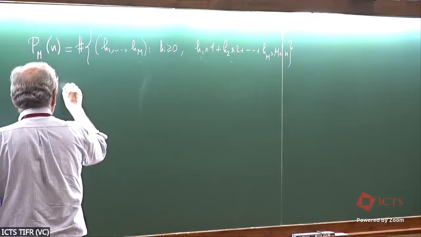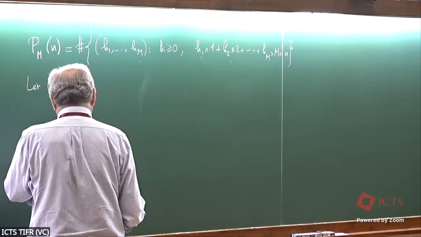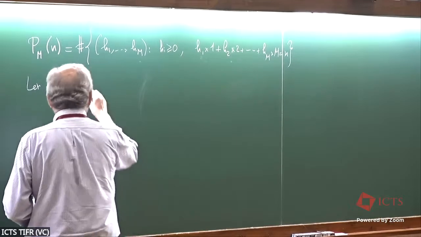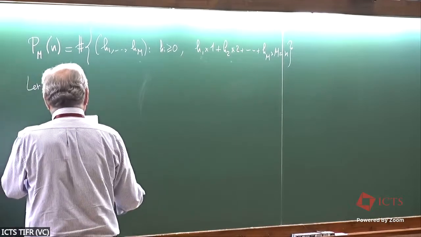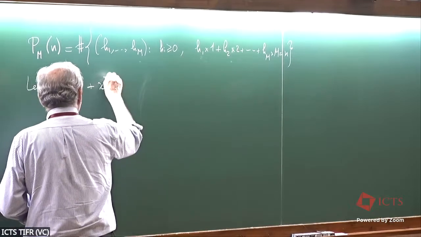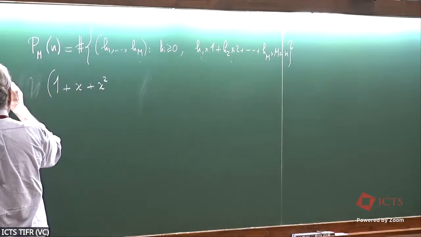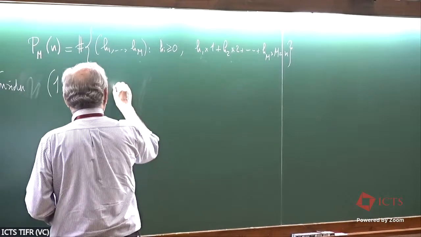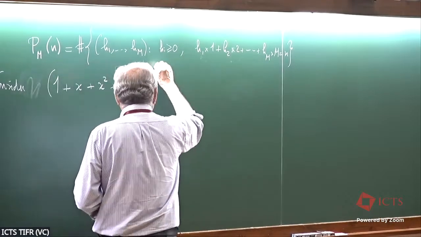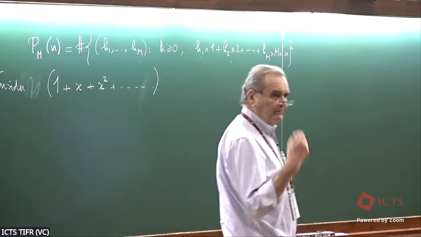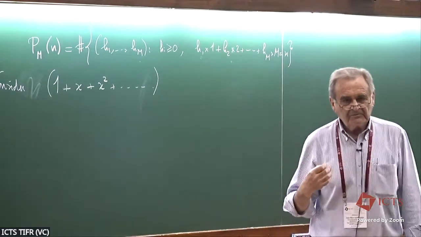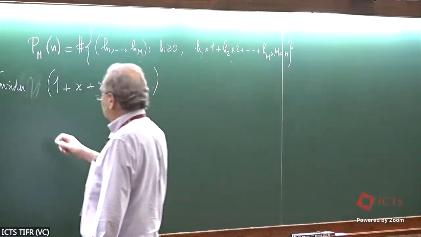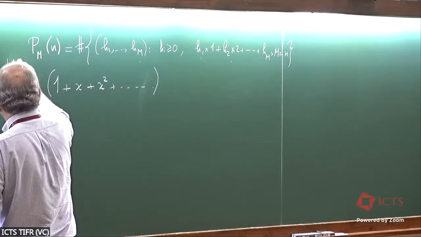1 plus, maybe I write it with x because I'm essentially using real numbers now. So x plus x2, consider. Plus blah, blah, blah. So infinite product, but it converges pretty well. So you may write x is less than 1.